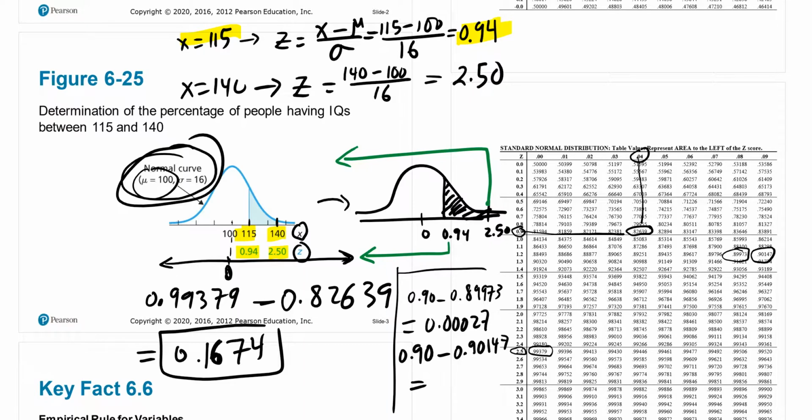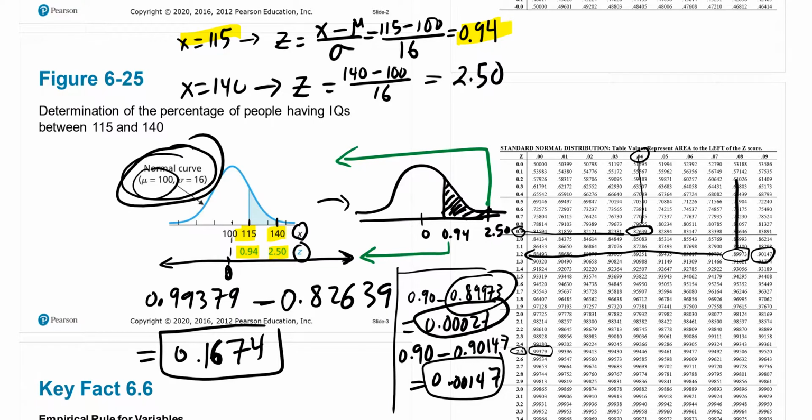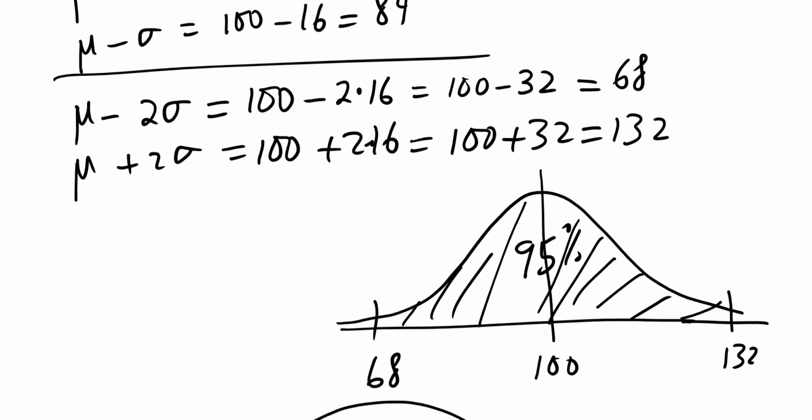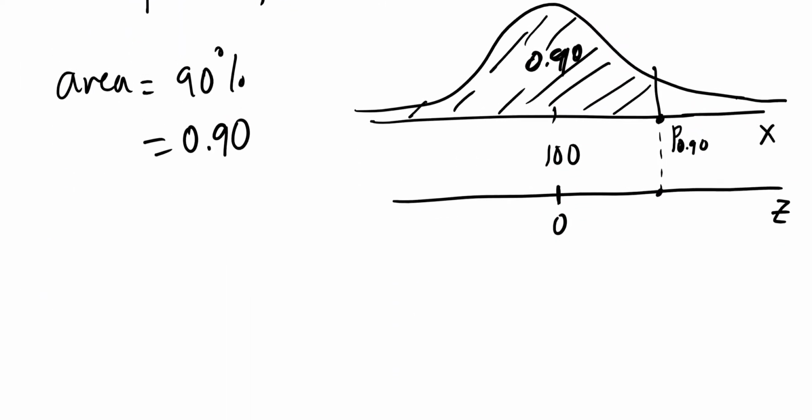Of course, it's going to give you a negative; you can do it the other way around if you like, which gives 0.00147. Notice this number is smaller than this. This tells you that this number is closer to 0.90. So then if we go this way horizontally and up vertically, that gives me 1.28. That's the z value, 1.28, using table 2.